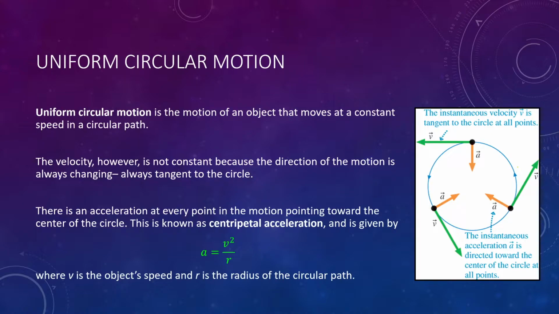Recall that the word tangent in this context means only touching the curve at this point. So right here in the bottom right dot, we see that our velocity is straight up and to the right. But then we're coming around to the top of the circle, and at this point we're moving leftward before we start to curve down more, and so on and so forth. So that is showing us that our velocity is always changing because the direction is changing.